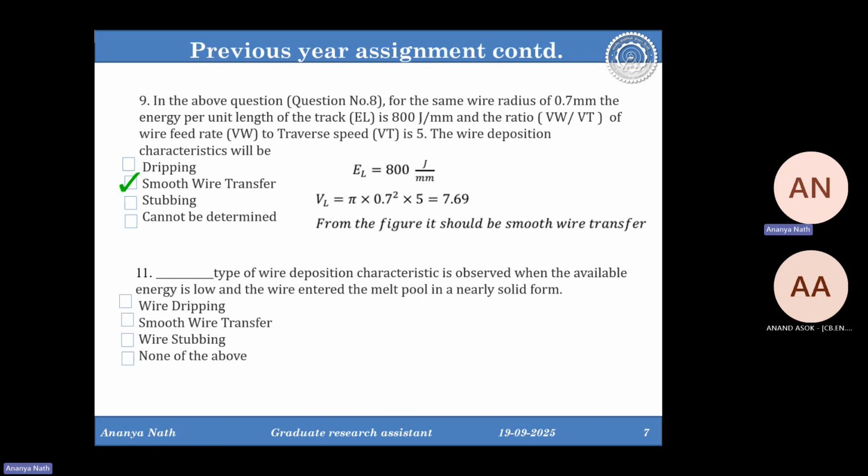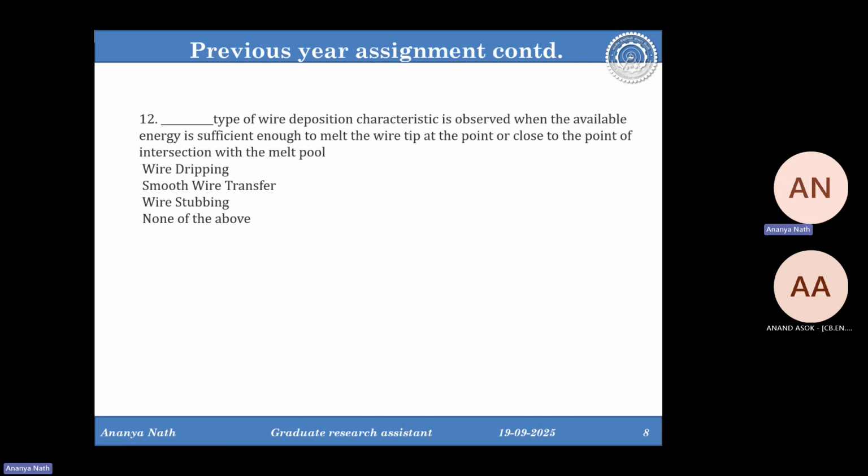Then, which type of wire deposition characteristics is observed when the available energy is low and the wire entering the melt pool is nearly in solid form? So it's the wire stubbing. That means your wire is not getting melted because of low energy density; it's just getting fused, or you can even see the solid form of wire.